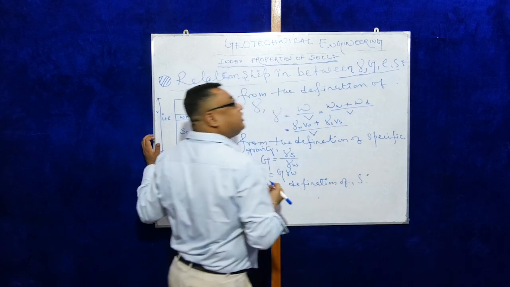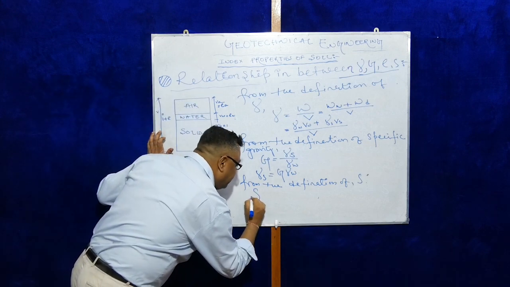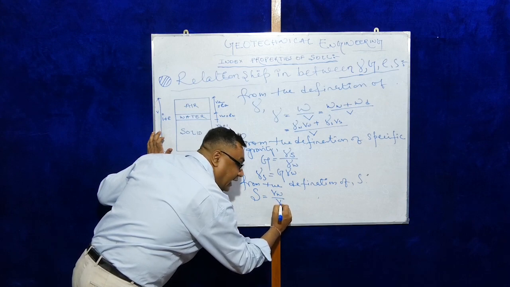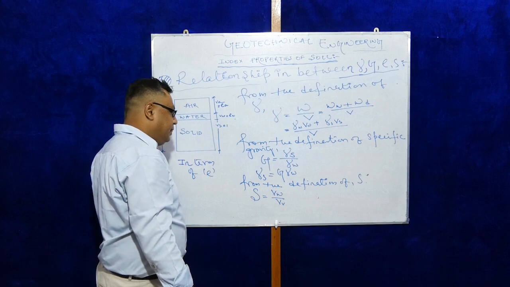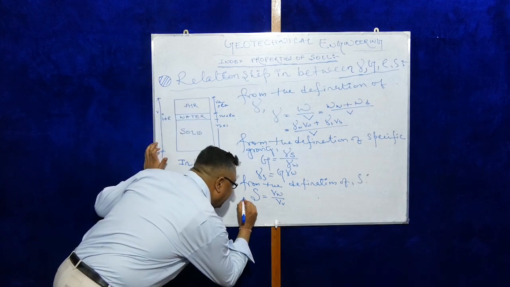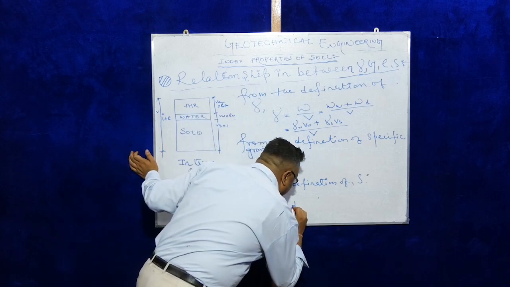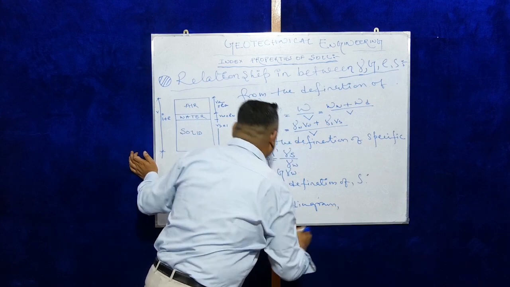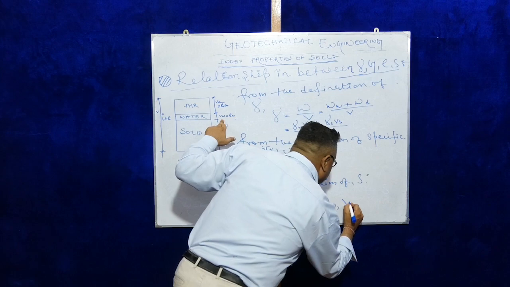Now, from the definition of degree of saturation, what is degree of saturation? It is the ratio of volume of water to the volume of voids of a soil sample. Now, from the diagram again, what do we get? We get VW is equal to what? VW is equal to EW.